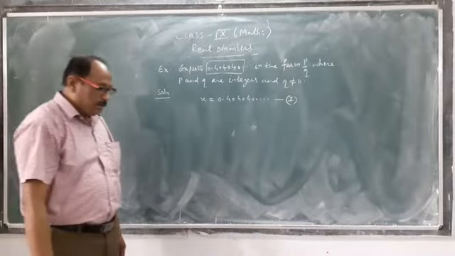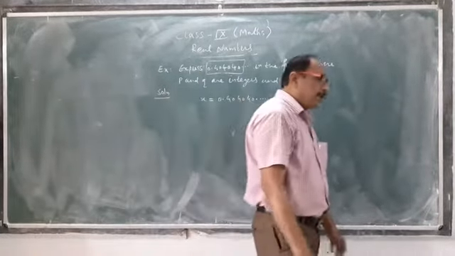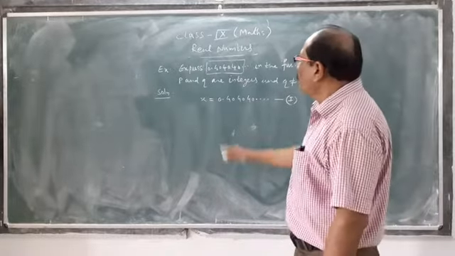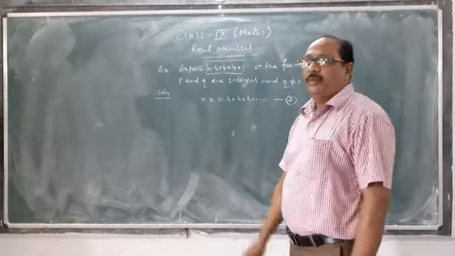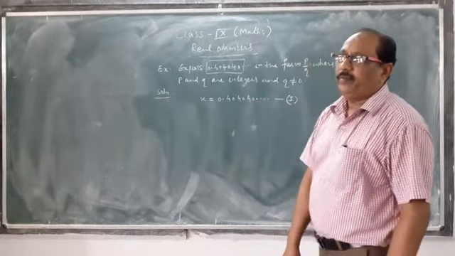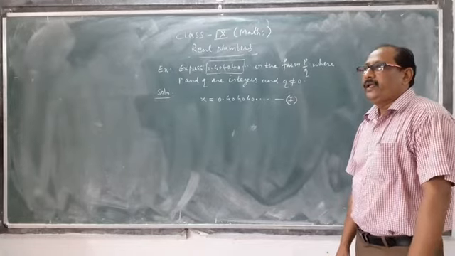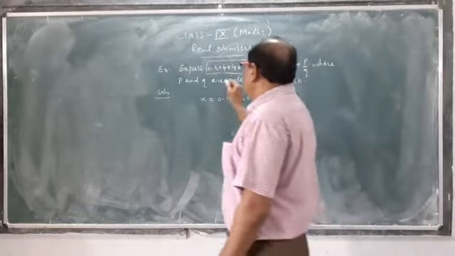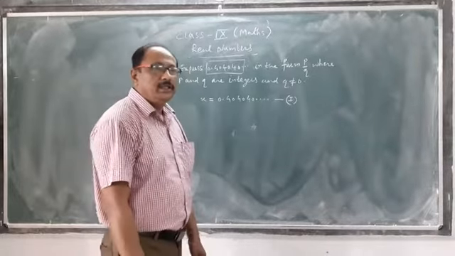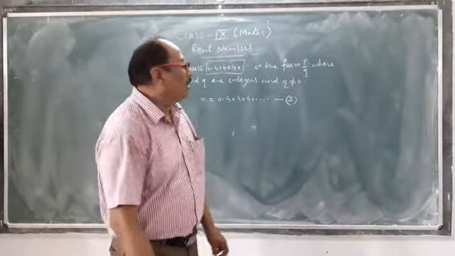Here, students, you see how many digits are repeating. Here 2 digits are repeating, 404040 like this. If 1 digit is repeating, we multiply by 10. If 2 digits are repeating, we multiply by 100. If 3 digits are repeating, we multiply by 1000.